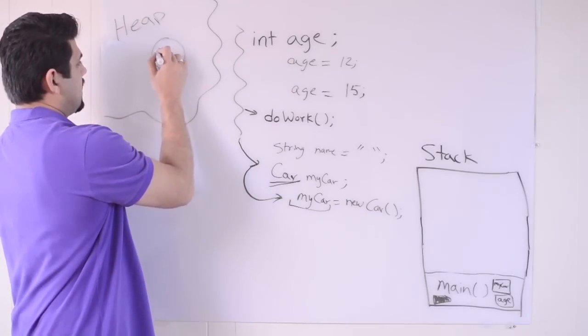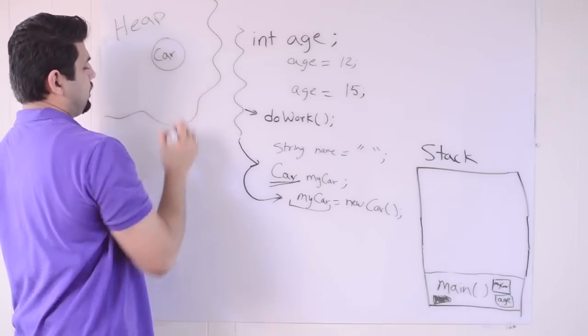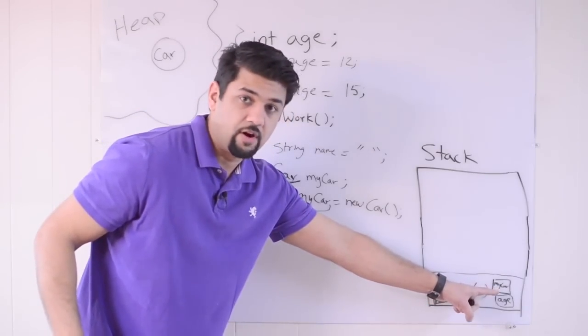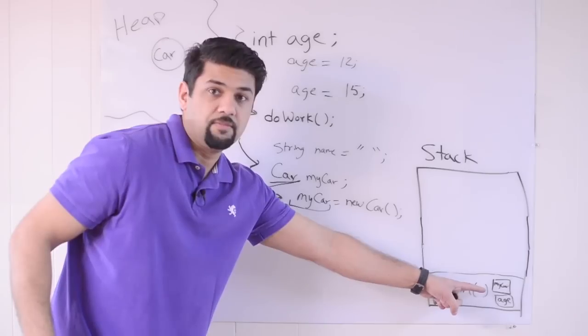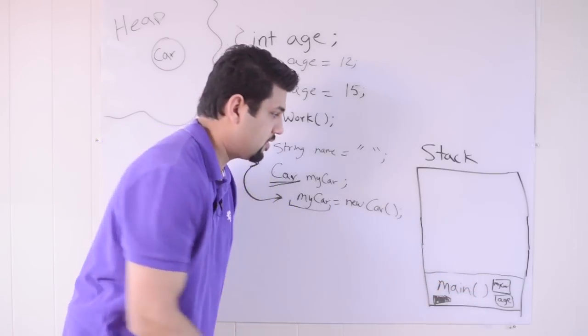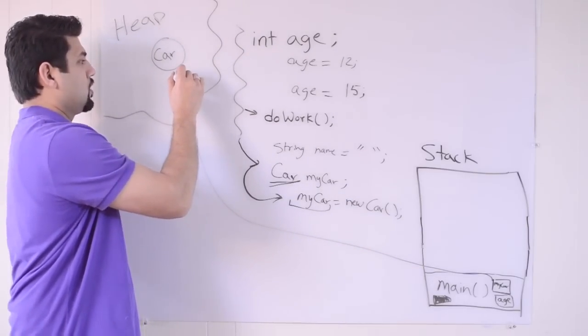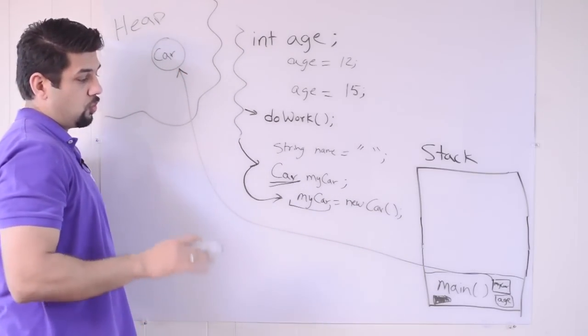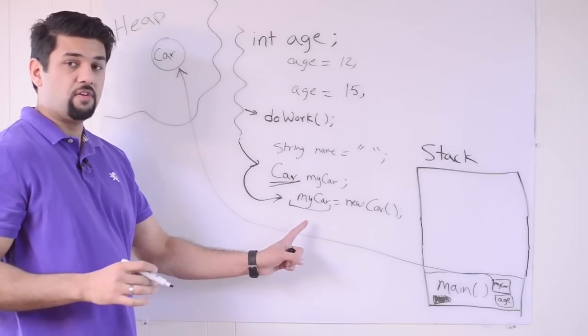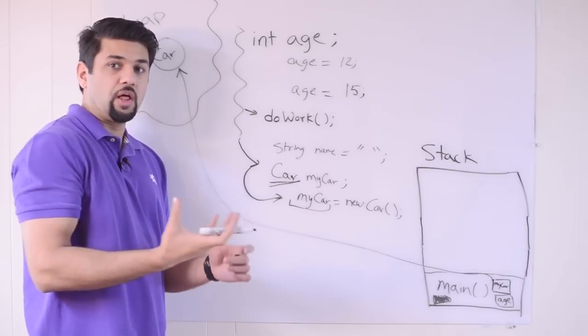So we have a Car object. All right, and this myCar variable, right, inside of the main frame, the main stack frame, is now going to point to Car.